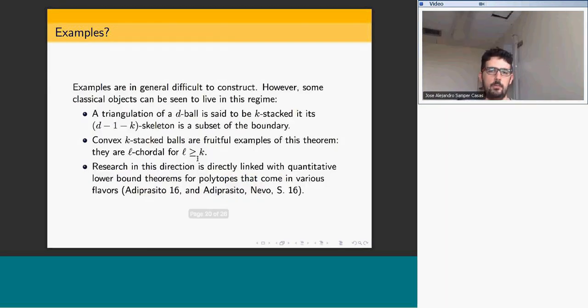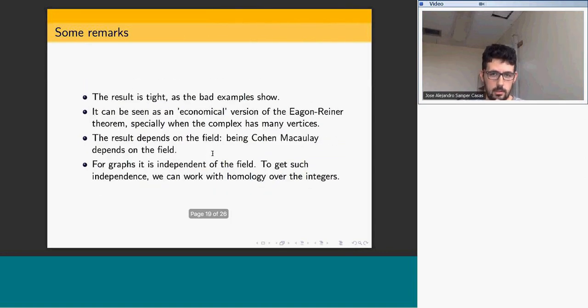An issue that we run into is that chordality is field dependent, right? Unlike the graph case, in which we could pick our favorite field and everything would work, there are examples of simplicial complexes which are Cohen-Macaulay over some fields, but not others.